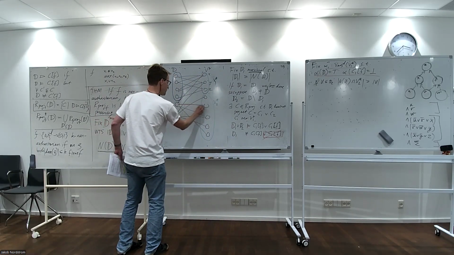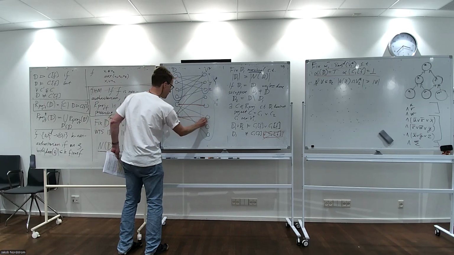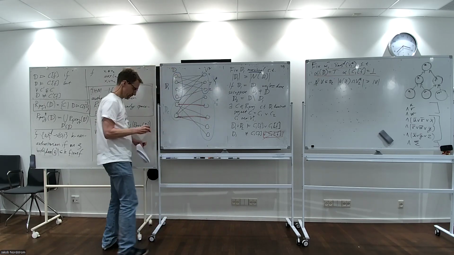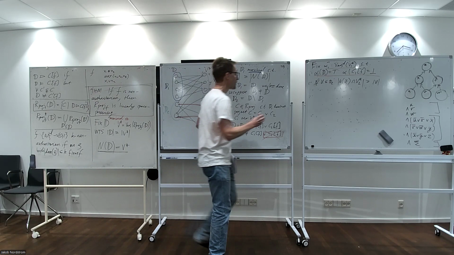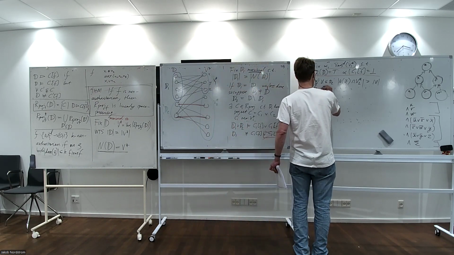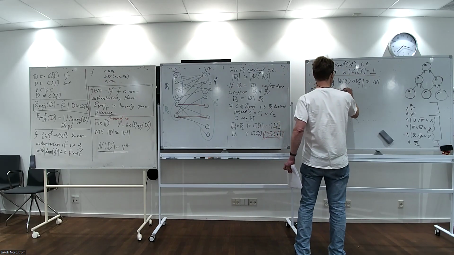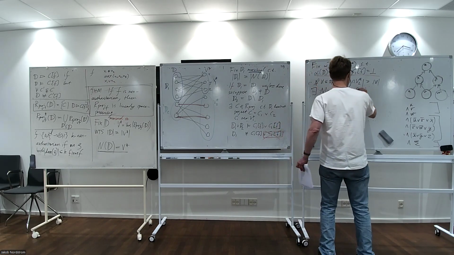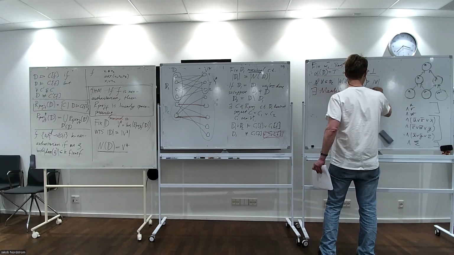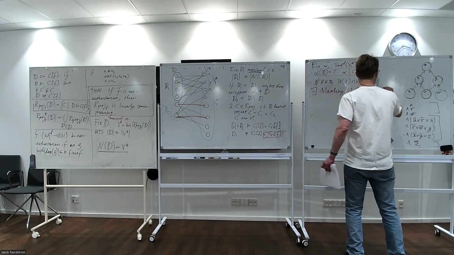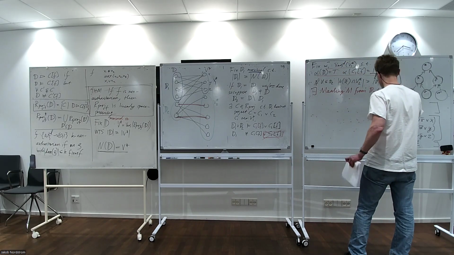Like maybe this. So there exists a matching M from D2 to V2 star.